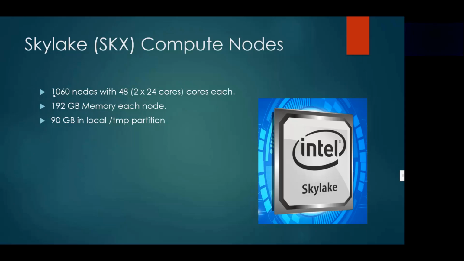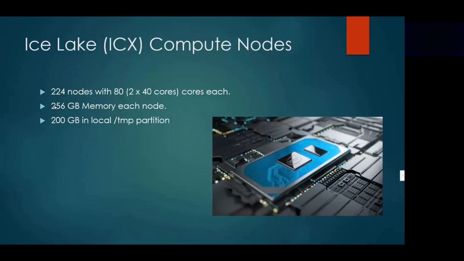And then maybe you are looking at this one. You see here, the number of cores is smaller. It's only half. But the number of nodes is large. And the memory is 192. Okay, Skylake has a large number of nodes, smaller memory.